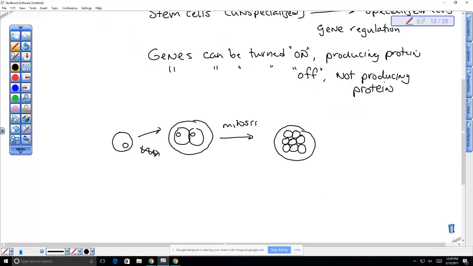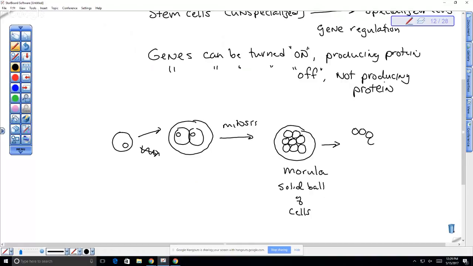Okay. This early stage of development is called a morula. Now, something interesting happens: the solid ball of cells becomes hollow.